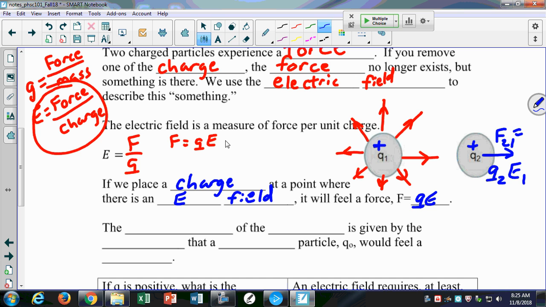The direction of the field is given by the direction that a positive particle would feel a force.